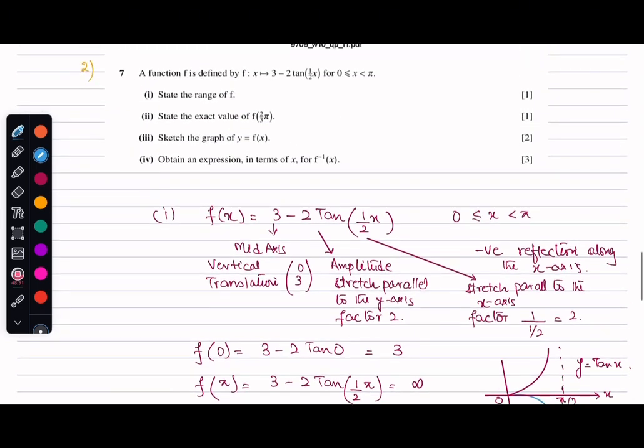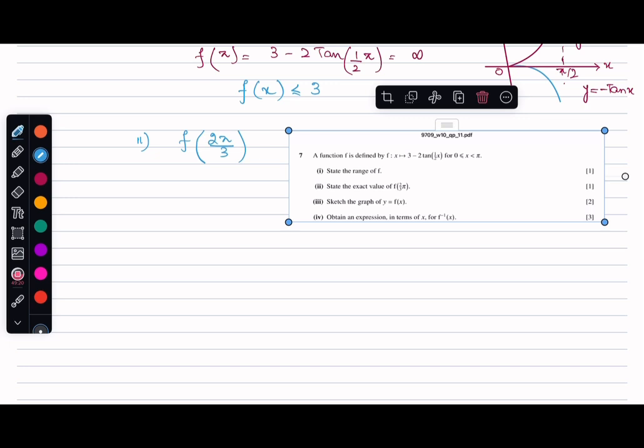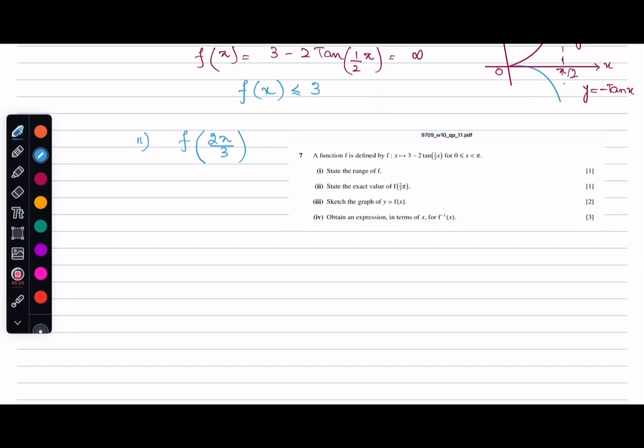Second part of the function: state the exact value of f of 2 pi by 3. The word exact is important. That means in the function f of x, just substitute 2 pi by 3 in place of x. So this becomes 3 minus 2 tan of 1 by 2 times 2 pi by 3.